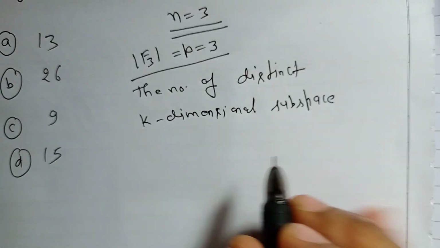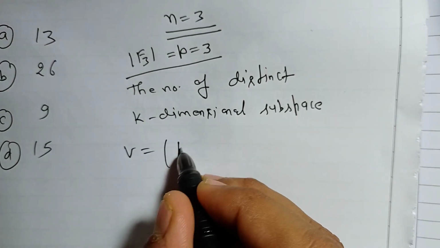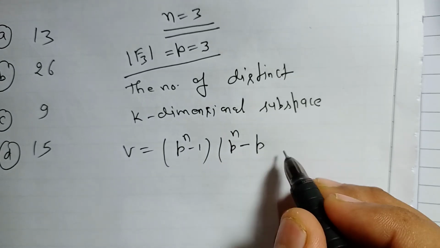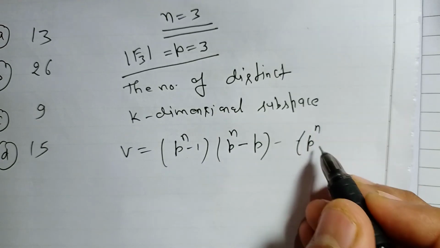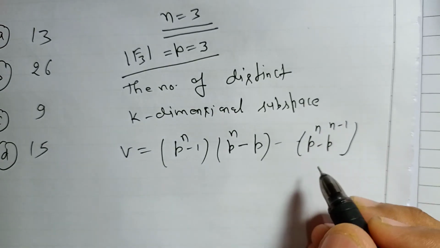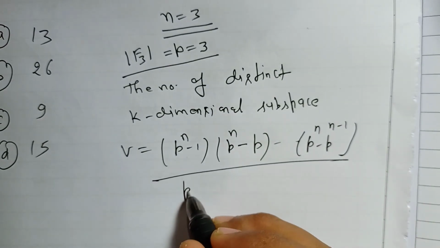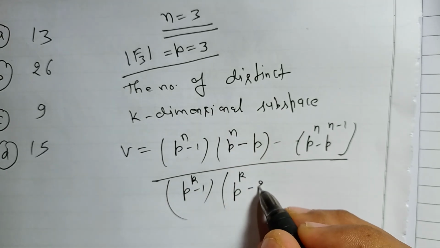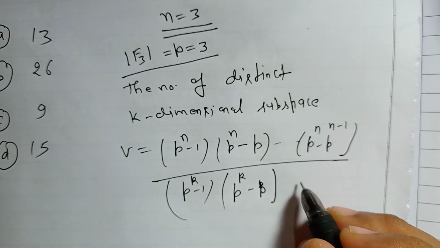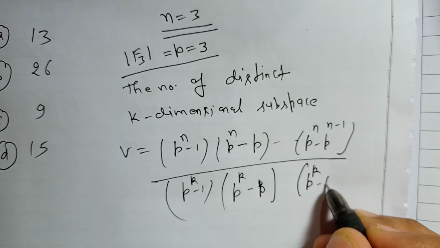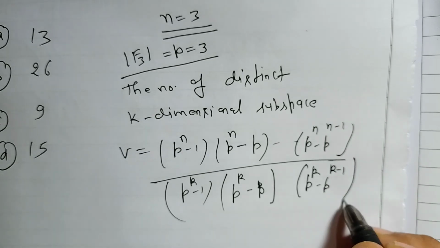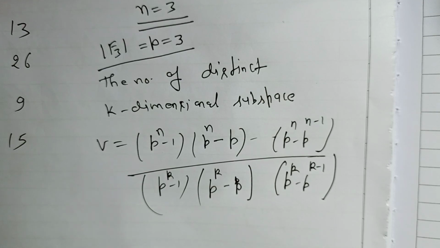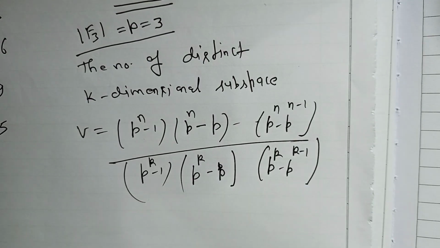The formula is (p power n minus 1)(p power n minus p)... up to (p power n minus p power k minus 1), divided by (p power k minus 1)(p power k minus p)... up to (p power k minus p power k minus 1). This is the number of distinct k-dimensional subspaces.